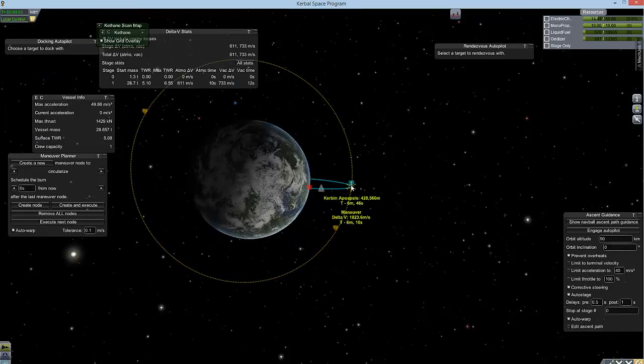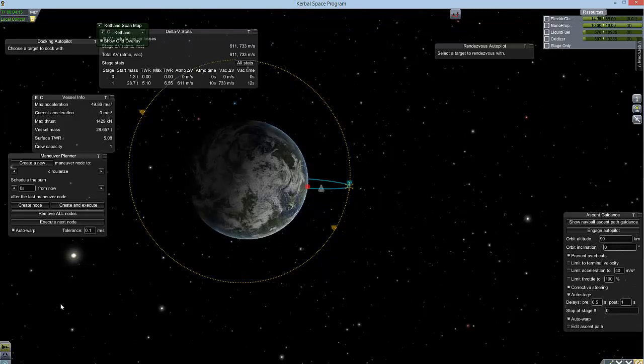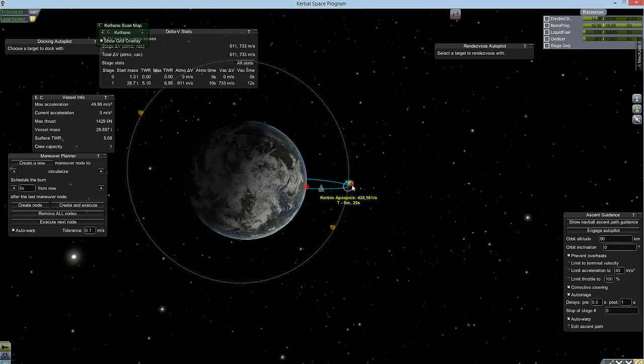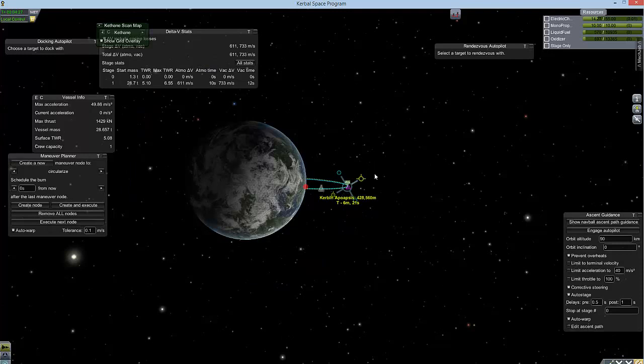And you can see here the delta V required to do this maneuver is 1,823, and we should definitely, I don't know if we should cover that or not. No, we won't. We definitely won't be able to cover that. So let's make one that we can cover.